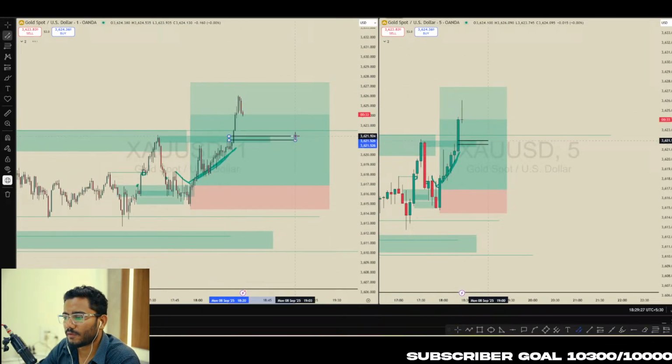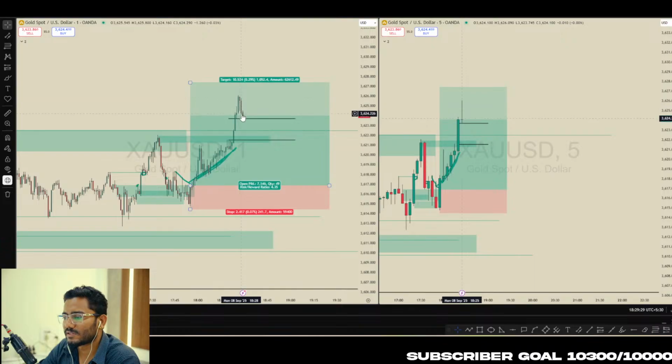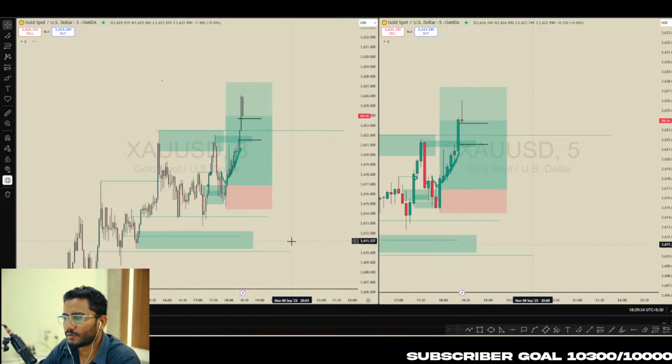So we have this imbalance, so it will sweep, tap this imbalance, it should continue.